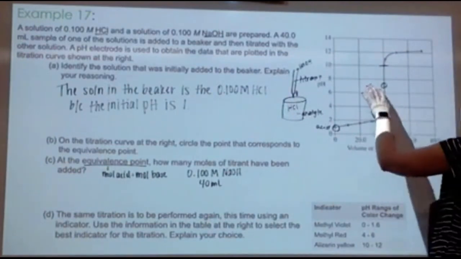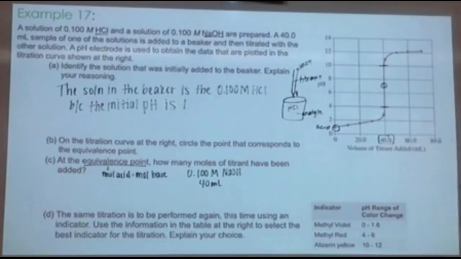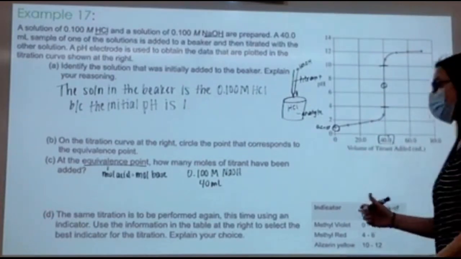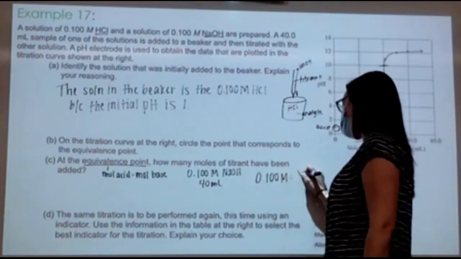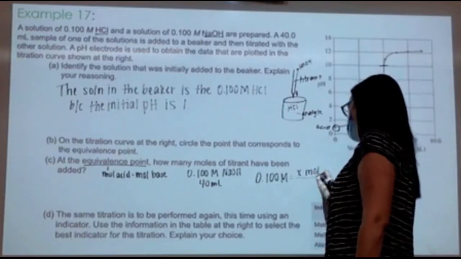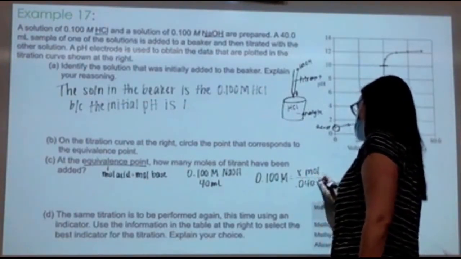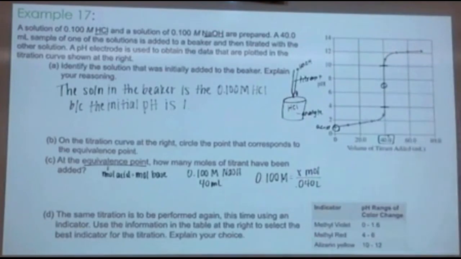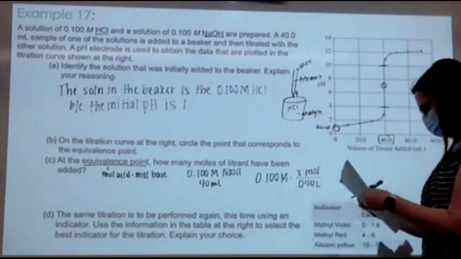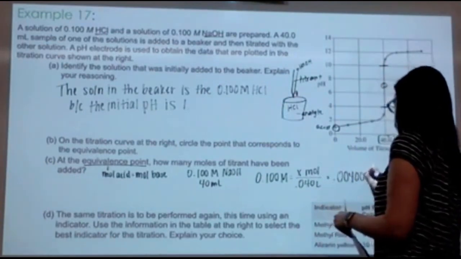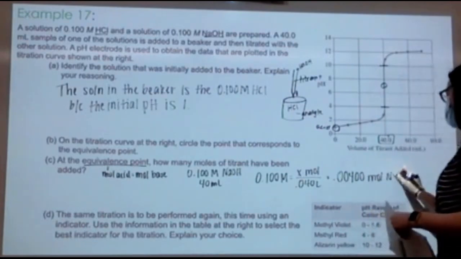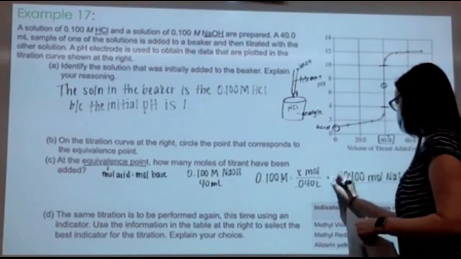The titration curve not only shows us the pH at the equivalence point, but it also shows us the volume added. I'm going to say 0.1 molar NaOH is X moles over 0.040 liters. Molarity is moles over liters. So if I multiply these, I get 0.004 moles of NaOH.